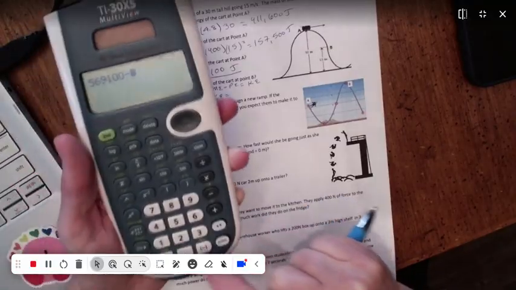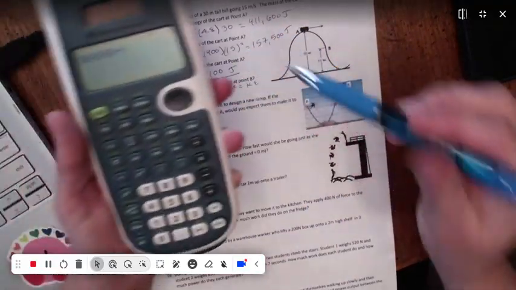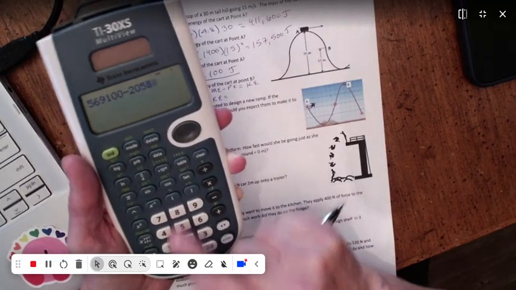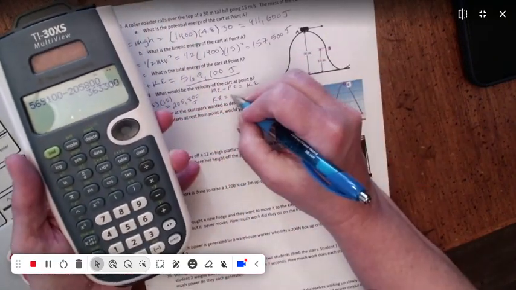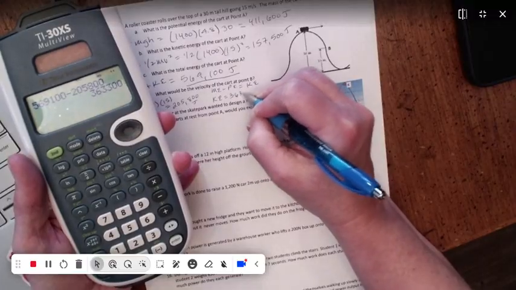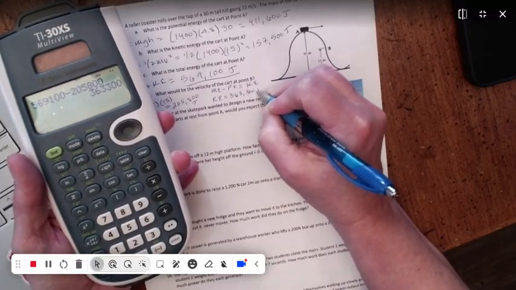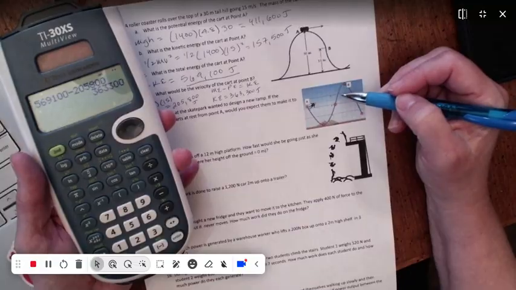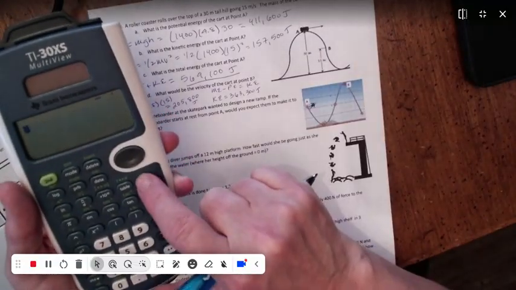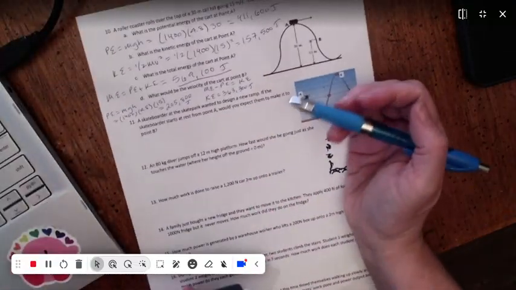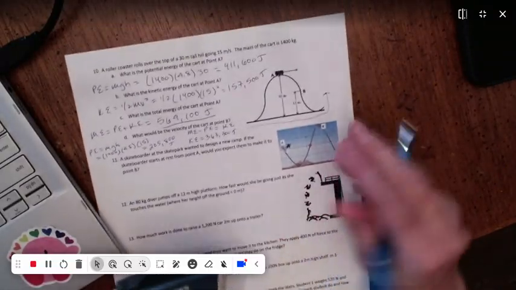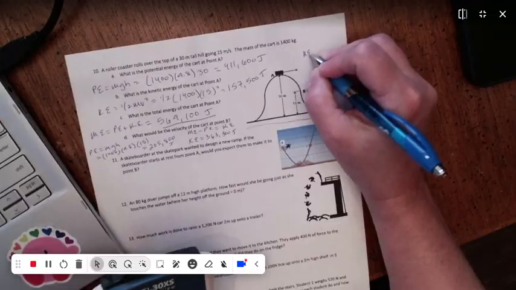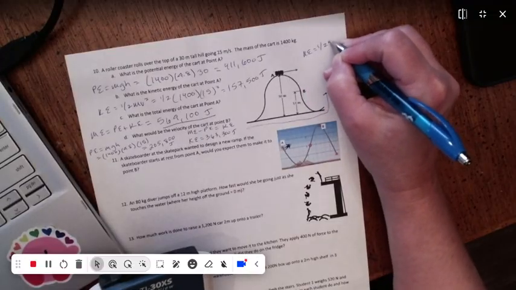My potential energy at this point, I said, was 205,800. So that means I've got 363,300 joules of kinetic energy at this point. And then I need to solve for velocity. I have kinetic energy equals 1/2 mv squared.